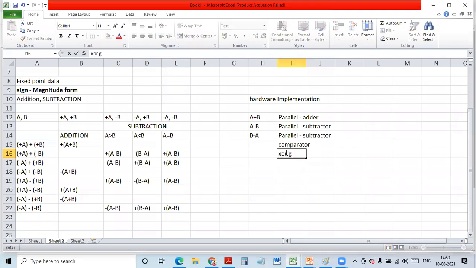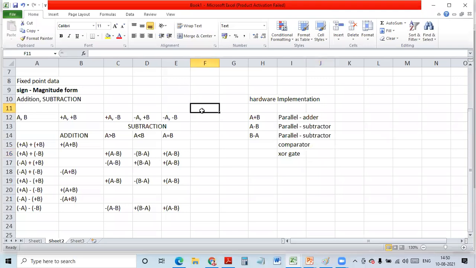One XOR gate you require, whose output is 0 for both same inputs. The output is 1 for opposite inputs, right? So one XOR gate, exclusive OR gate, is required, whose inputs are the signs of the two numbers.